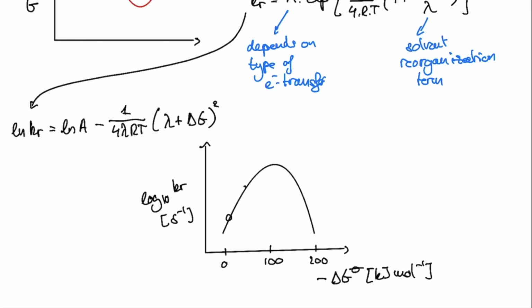Is that the rate is not monotonically increasing with a bigger delta G, right? You have a maximum. If you look at this term, I have something minus another factor. So if delta G naught is equal to this lambda, I'm at my maximum.